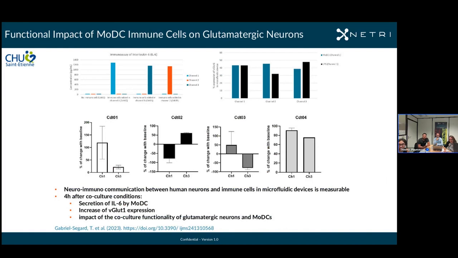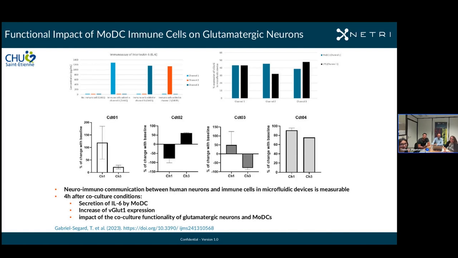So what they did then, they wanted to make sure that they were able to see if there was inflammation, especially if the dendritic cells that were activated before being seeded with the neurons were able to secrete some inflammatory compounds. The way they checked that was by doing an immunoassay on interleukin 6.